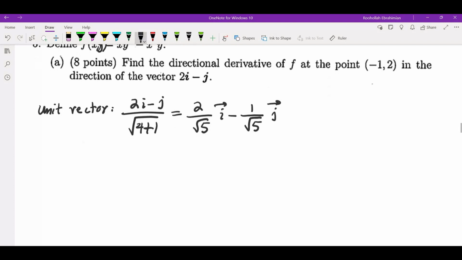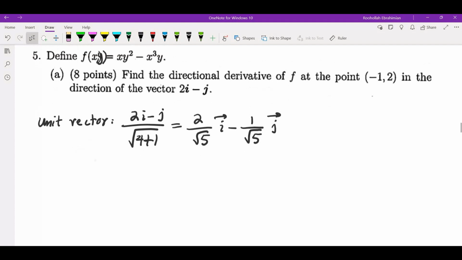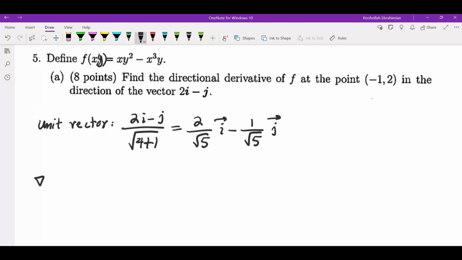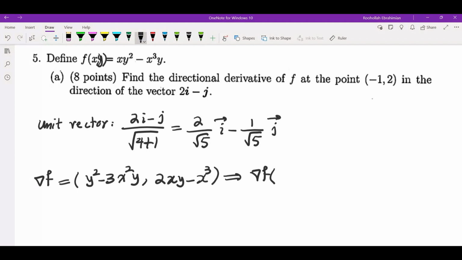Now, in order to find the directional derivative, we have to find the gradient, and then we have to find the dot product of that gradient at the given point by the unit vector. So the gradient would be (y squared minus 3x squared y, 2xy minus x cubed). Let's evaluate the gradient at (-1, 2).